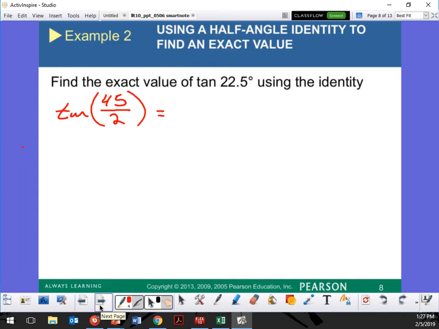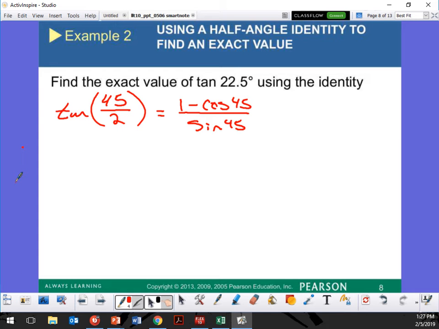Okay. All right, so we're going to use that other one, the one with sine on the bottom, right? So on the bottom, it's going to be sine of 45. But what is the top going to have? 1 minus cosine of 45.